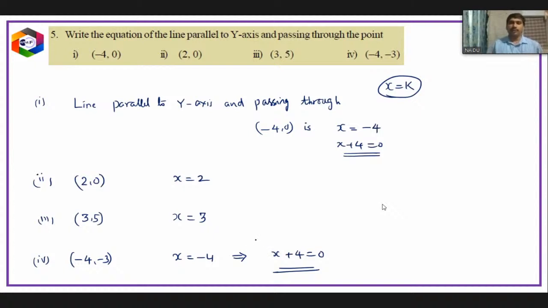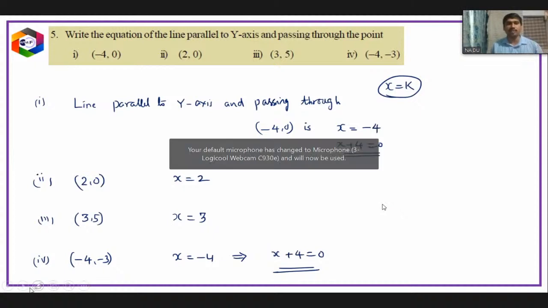So with this, this is completed, children, and we have only one problem left, and that is also a simple question, and we will finish it anyway.